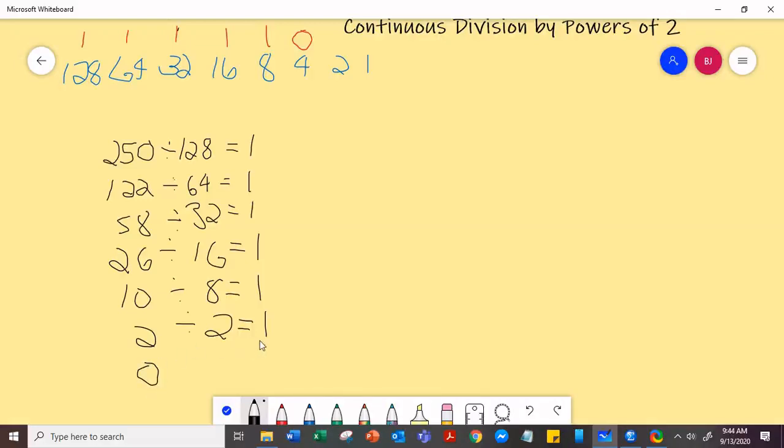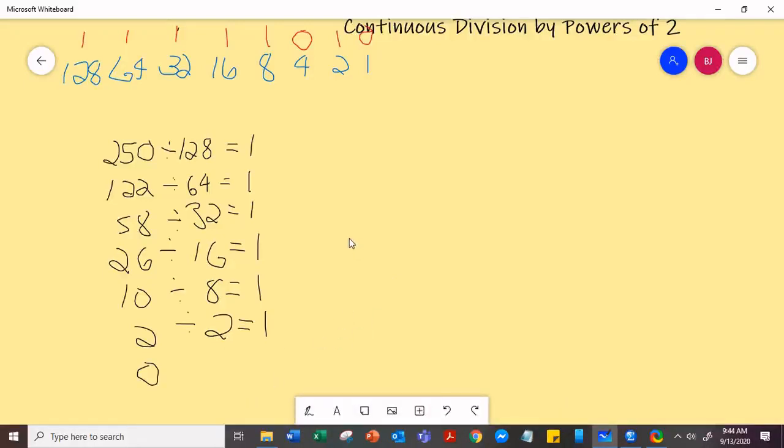So in this method, we stop when we get 0. So we're not able to divide by 4, so we put a 0 here. And because we were able to divide by 2, we put 1 here. And then we stop because we have a 0 here.